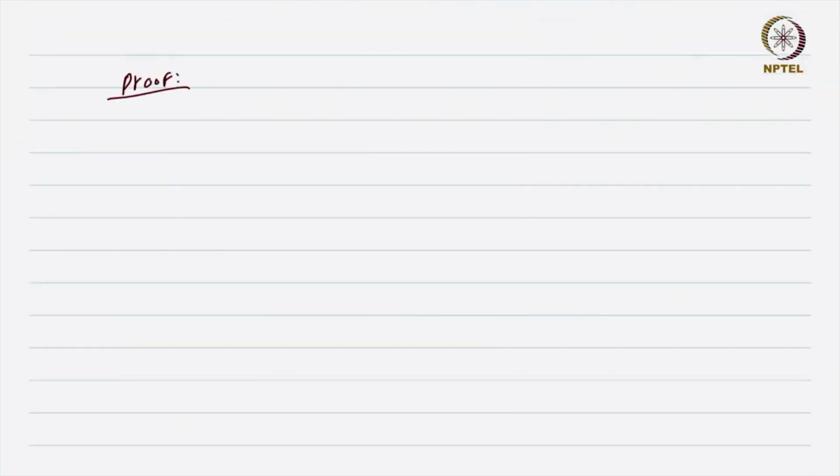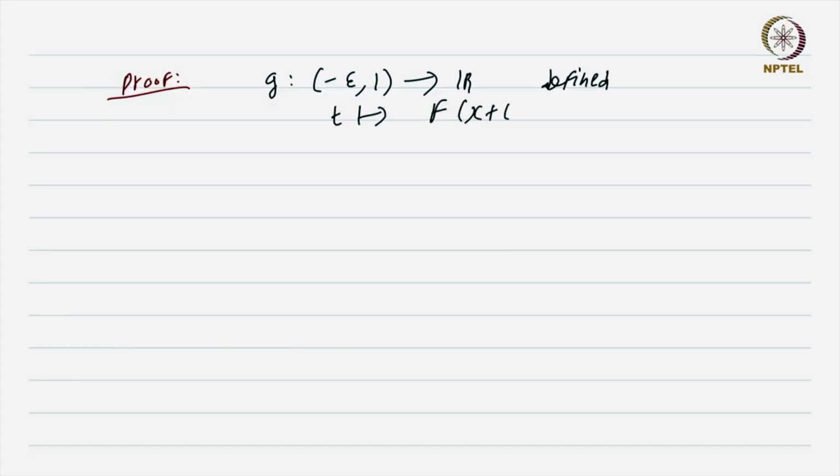So how does the proof go? Well, consider the function g from (-epsilon, 1) to R defined by t goes to f(x + th). This is well defined because the entire segment from x to x + h is fully contained in U, and U is an open set.